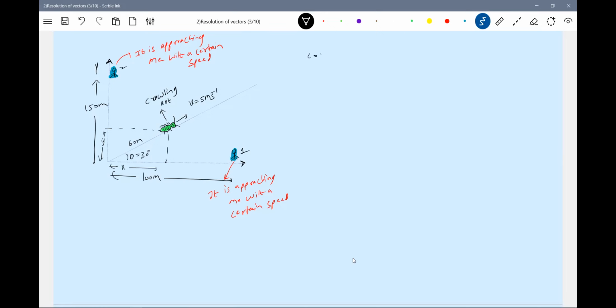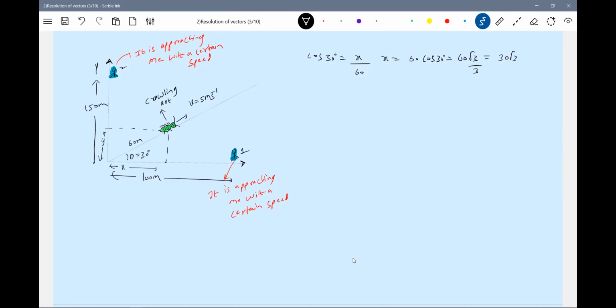So this distance x will be, and this will be y. We'll calculate this one. Cos 30 equals x by 60. So x equals 60 into cos 30, 60 into root 3 by 2. This will be 30 root 3.